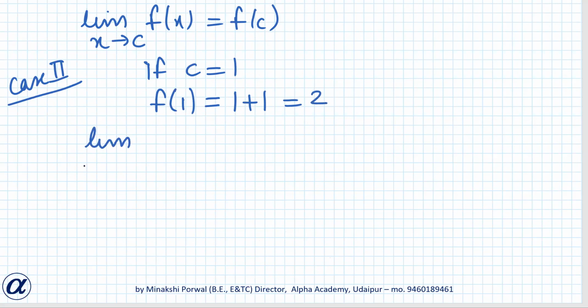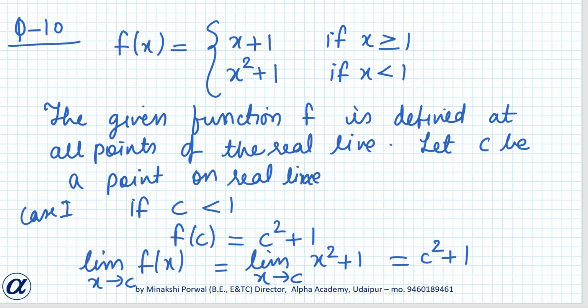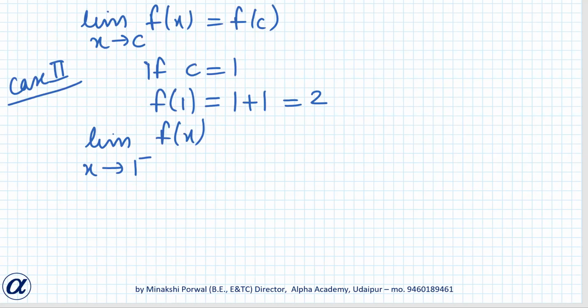Limit x tends to 1 minus f x: when it is 1 minus, meaning less than 1, we are approaching from the left hand side, so its value is x square plus 1. Substituting the limit, we get 1 plus 1, 2.